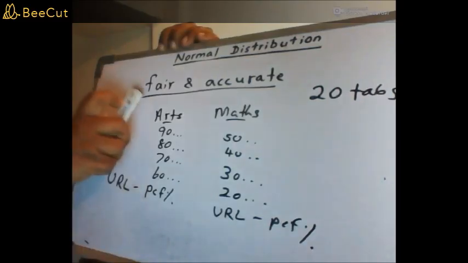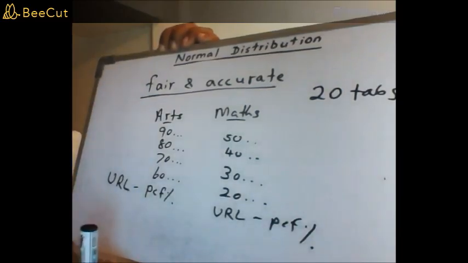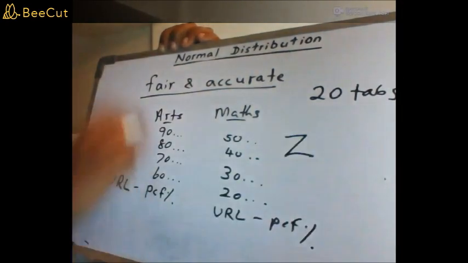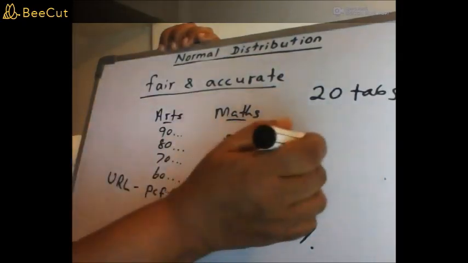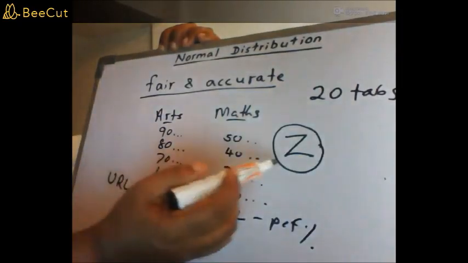So then, these are the derived scores, and from these we can make fair and accurate judgments. Like that, we calculate the Z score to make fair and accurate judgments. We consider the stream or the subject.